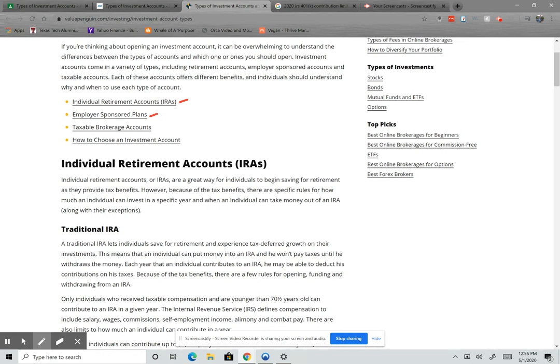Back in the 70s to 80s, a lot of companies had pensions, but they started moving away from these defined benefit plans to something called the defined contribution plan, or as we mostly know it today, the 401k. For private companies, it's the 401k.